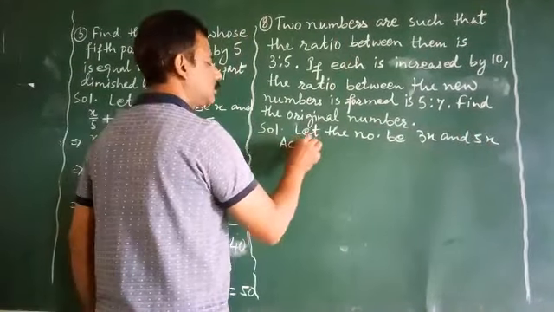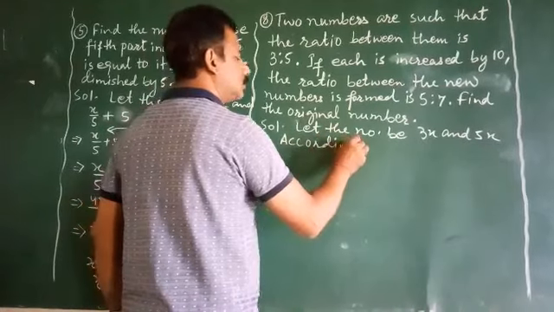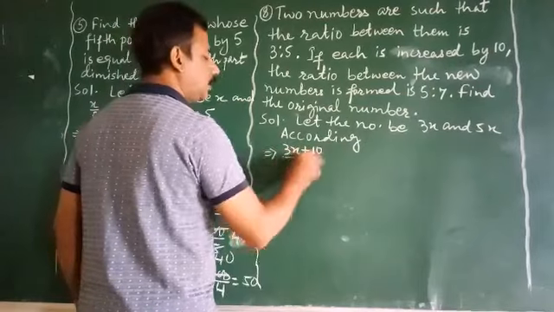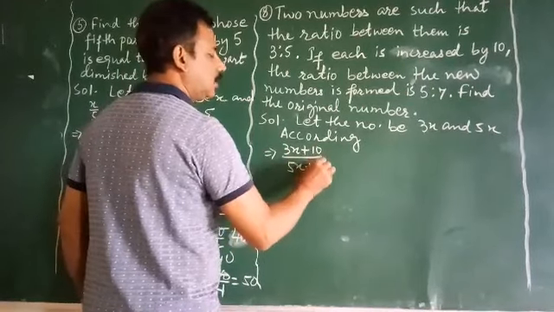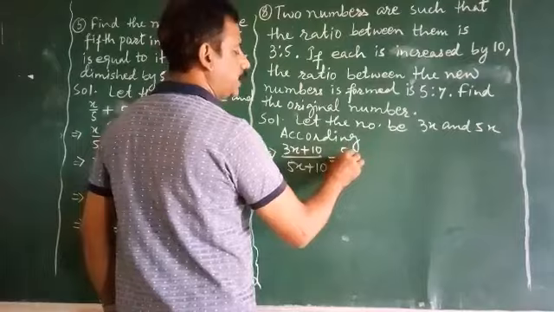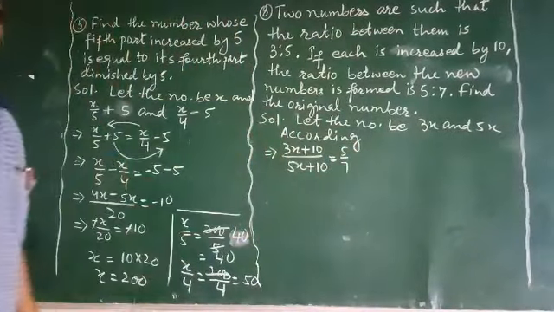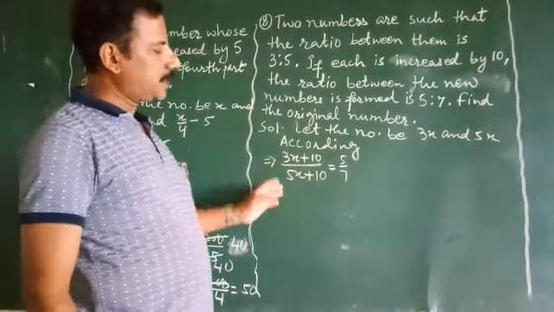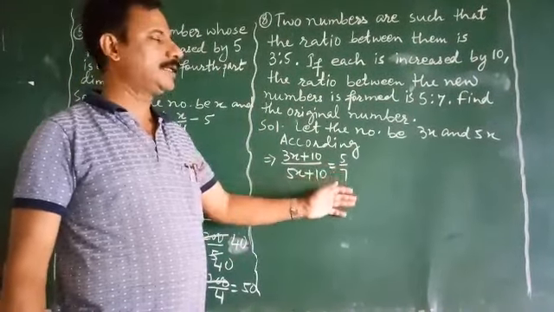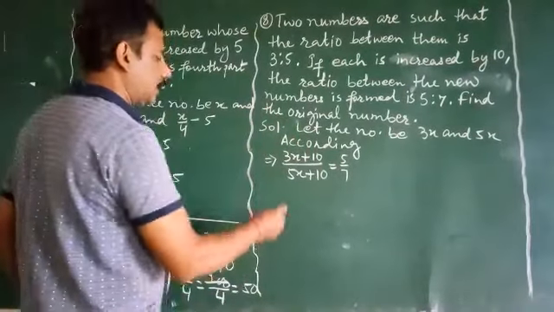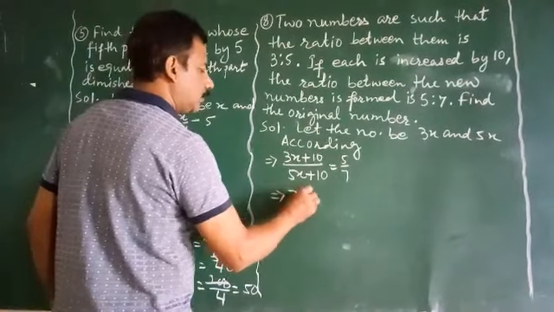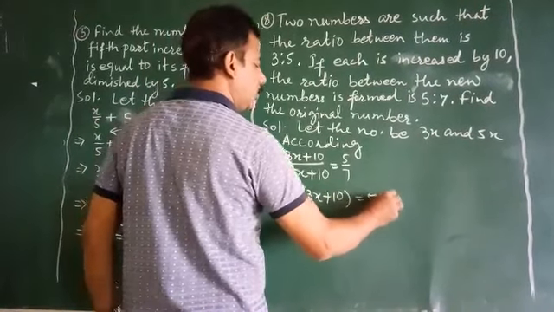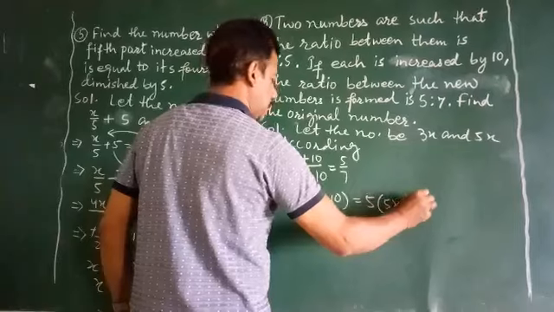So (3x plus 10) by (5x plus 10) equals 5 by 7. Here the equation is framed; transposing 5x plus 10 to the right hand side and 7 to the left hand side, 7 into 3x plus 10 equals 5 into 5x plus 10.